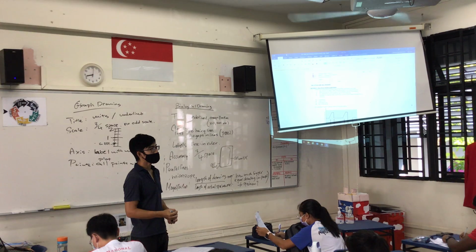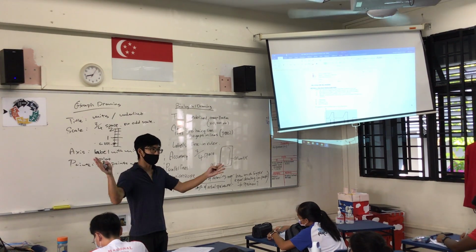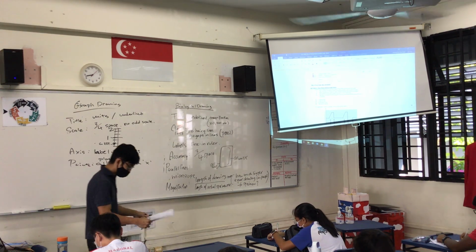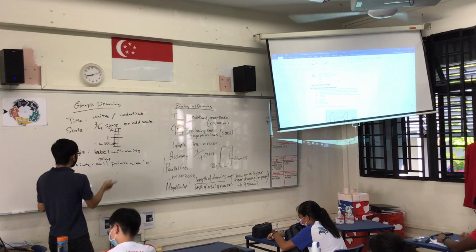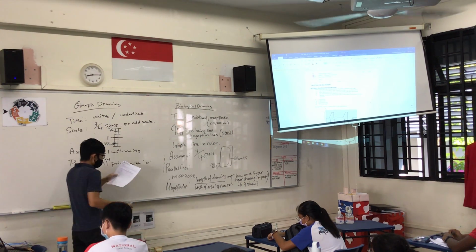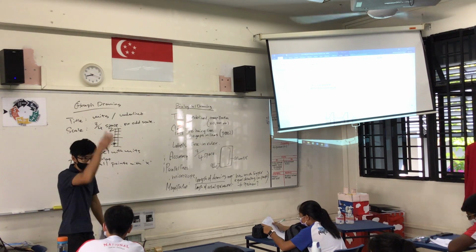Axis, if it's slightly shorter, is okay. But the title, you try and max it up. Be elaborate. Can you draw your axis lines? Don't use the edge of the graph paper as the axis lines.